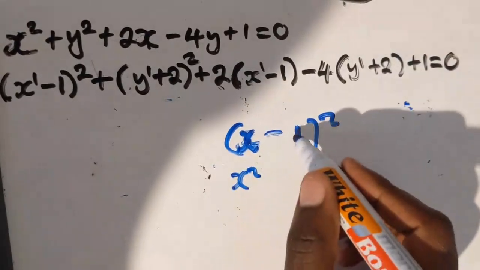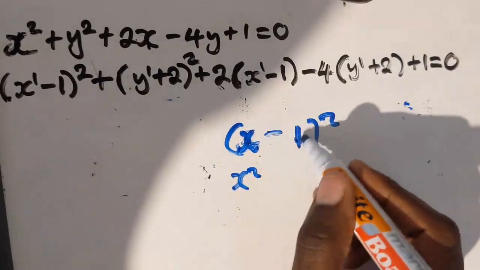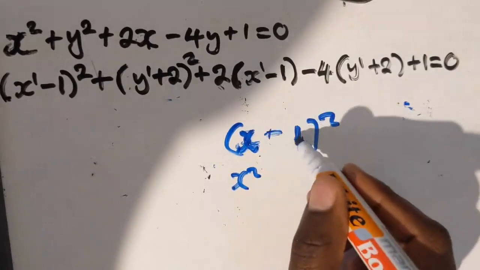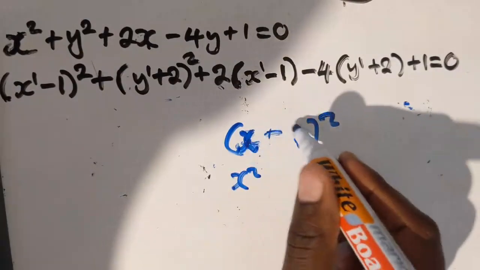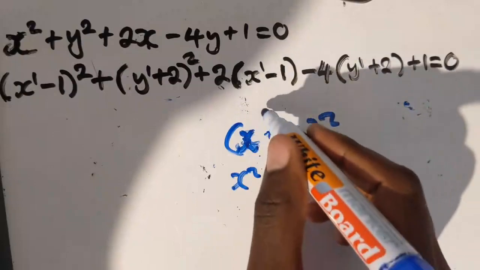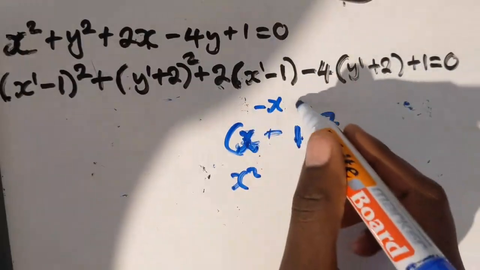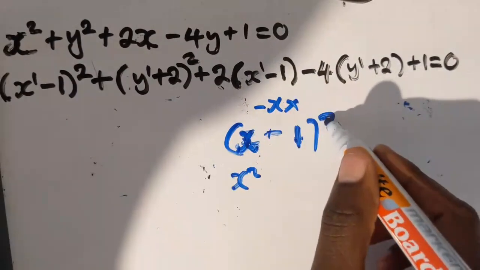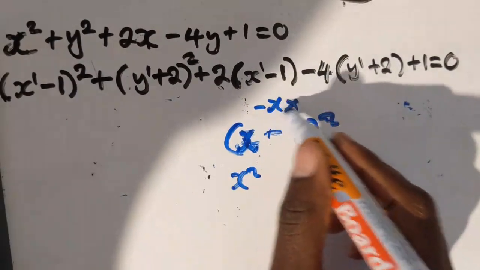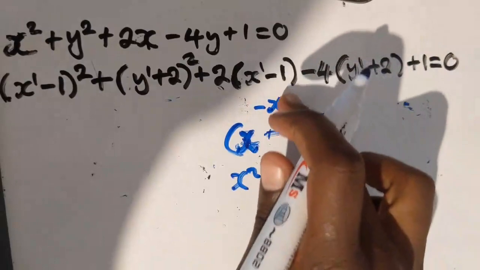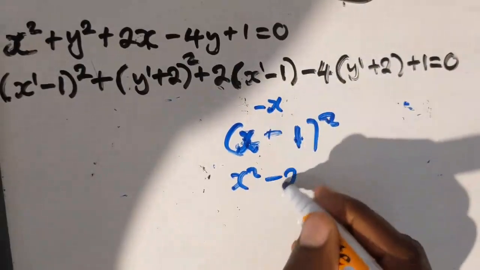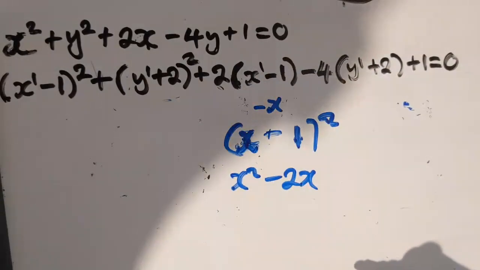Then what you're supposed to do is to multiply negative 1 times x. So negative 1 times x, you're going to find that it is negative x, right? Then you multiply it by the power. Negative x times 2, that's going to be negative 2x, right?